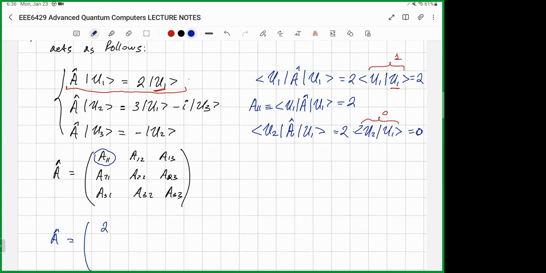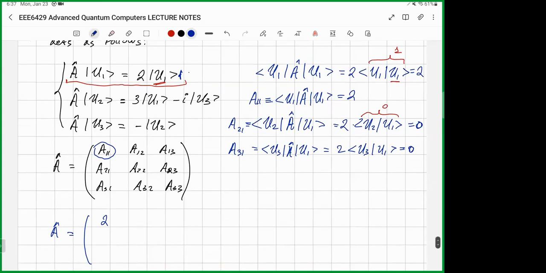And on the other hand, this is the component A21. Next, the component A31. I multiply this first rule by u3 on the left. So it will be u3 A u1 is equal to 2 u3 u1 is equal to what? 0, because u3 and u1 are orthogonal.